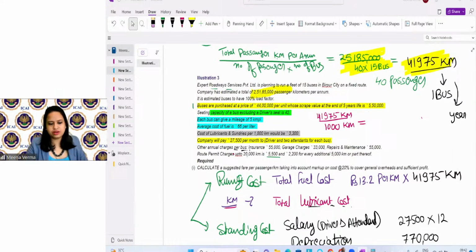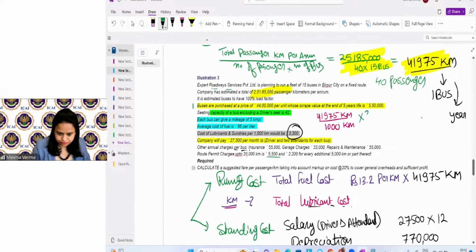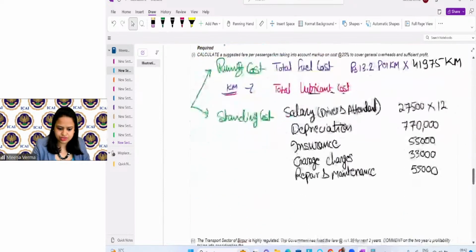So after every 1000 kilometer lubrication is required, and you can see this is the lubrication cost. So you will multiply it with 3300. You can write the lubrication cost here.